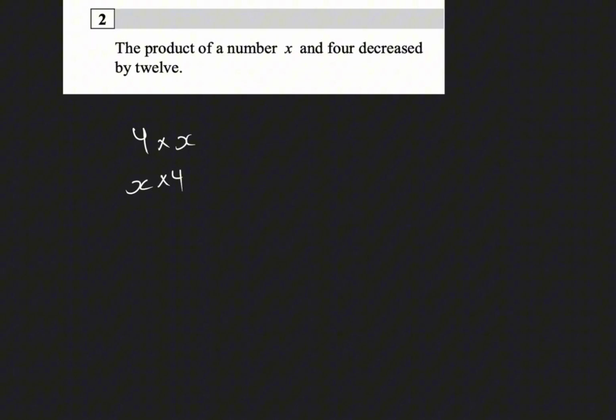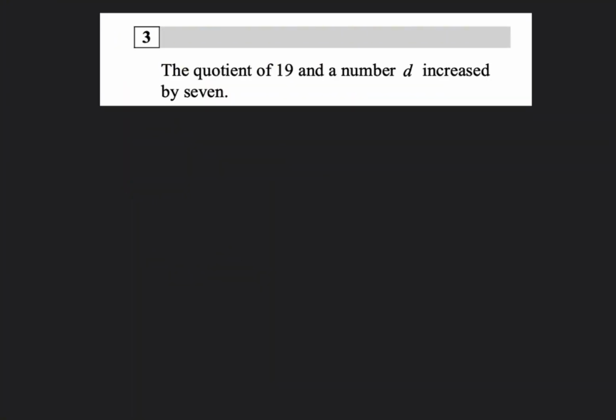You can write it as you want. Decreased by 12. That means we are going to say minus 12. That means we took 12 from this expression. So the final answer will be like this: 4x minus 12.